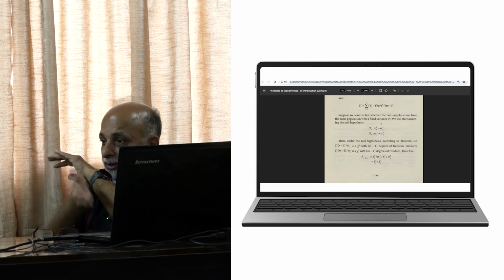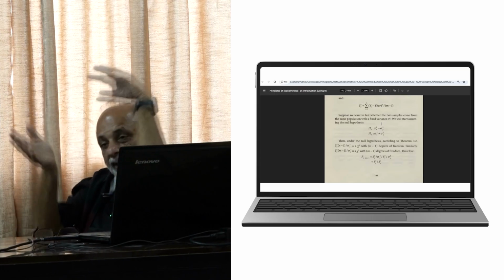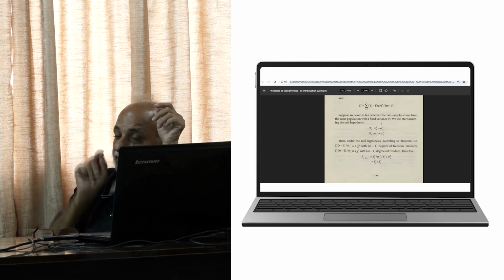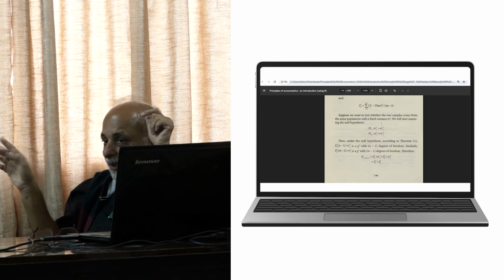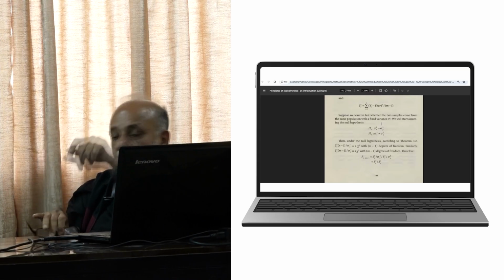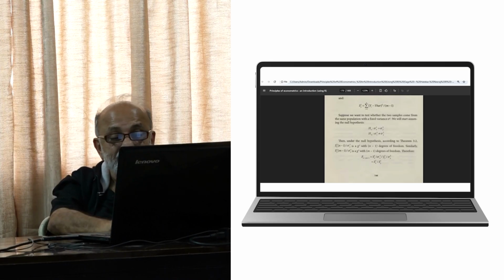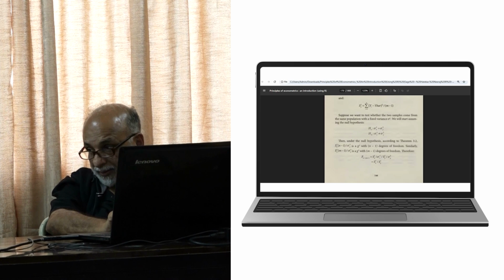What is the F distribution? The ratio of the two. So if you take the ratio of the two, that ratio should be an F distribution with n minus 1 and m minus 1 degrees of freedom. Now, we can never calculate this, right? Because we don't know sigma square x and sigma square y. But what is our null hypothesis? They are the same.